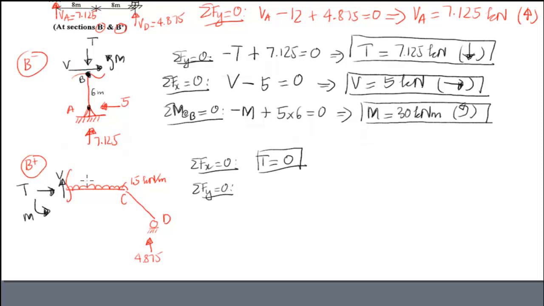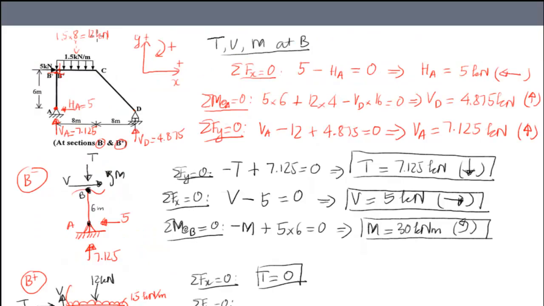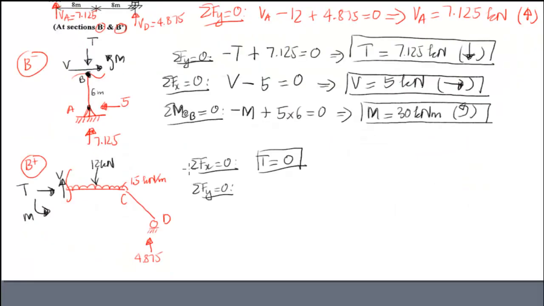So I'll have to put this one. This is 12 kilonewton, as we calculated before. So sigma Fy equal to 0.